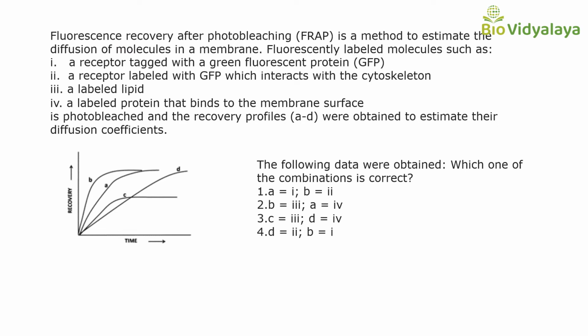For this question, a smart way of answering is needed. So here, in this first sentence, they have given just the definition of FRAP and fluorescently labeled molecules. The first one is a receptor tagged with a green fluorescent protein.